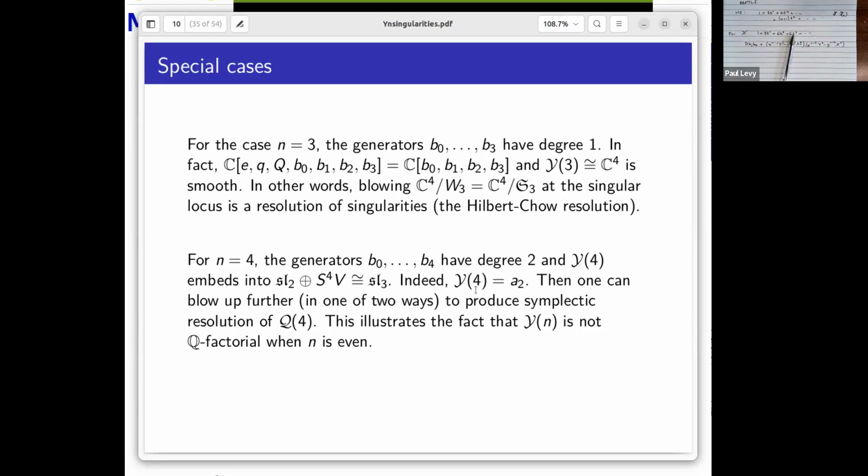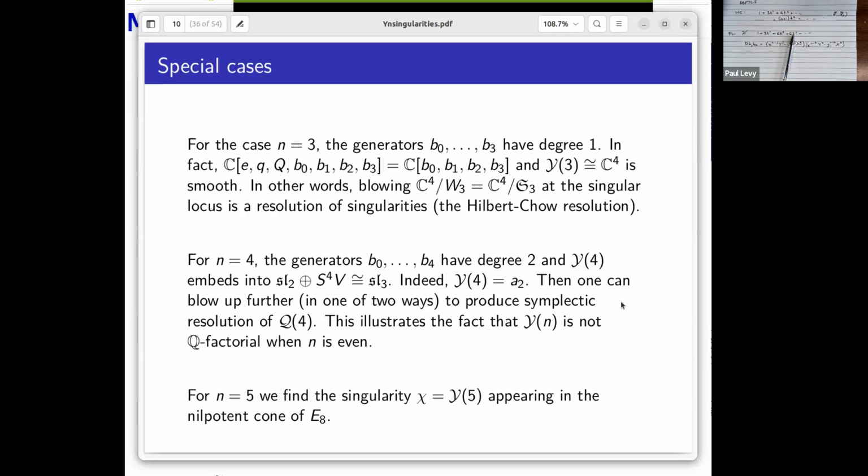And in fact, when n is even, the right way to think about this is to look for a Q-factorial terminalization. So this singularity is not Q-factorial, and when n is even, that's true of Y of n. Okay. And so for n equal to 5, we get the singularity type which appears in the nilpotent cone of E8.